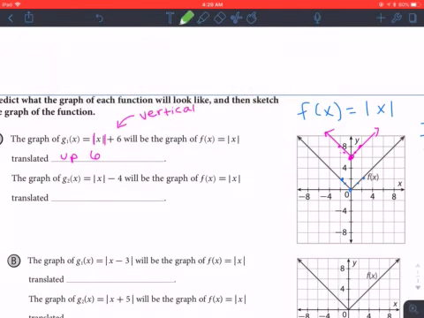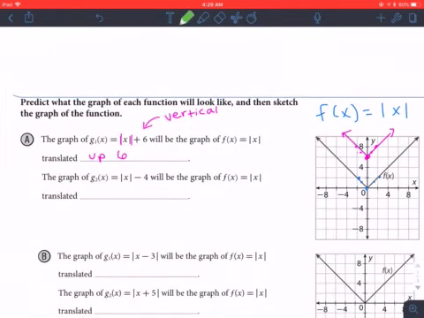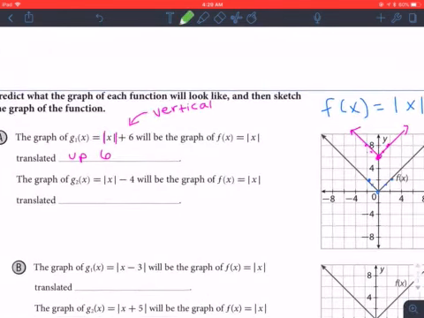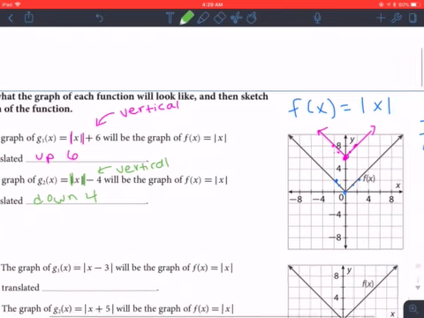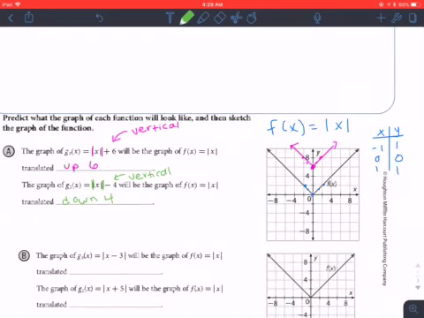Alright, and in green I'm going to do the next part. So we've got g sub 2 of x equals the absolute value of x minus 4. Again, this minus 4 is outside of those absolute value signs, so it's outside of the function. So it's still going to be a vertical shift. Since it's minus 4, it's going to be shifted down 4. So I can just take each of these points and shift them down 4. So my point at 0, 0 moves to 0, negative 4.